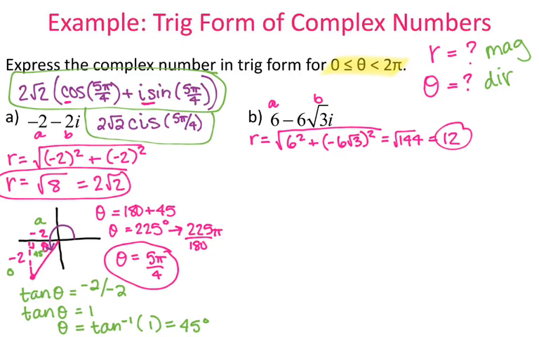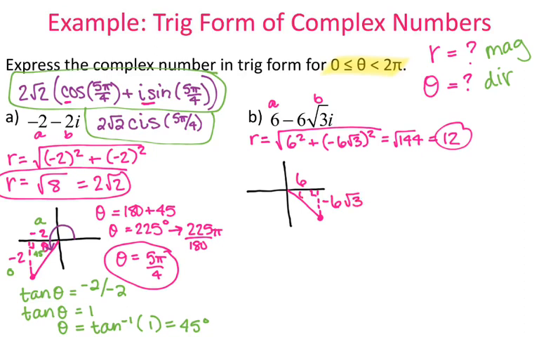Okay, so now I have my r. The other thing I need to do is find my theta, which once again is the same thing as finding direction. So to graph this, I have a positive a with a negative b, so that puts me in the 4th quadrant. So I want you to think of your a as your x and your b as the y.